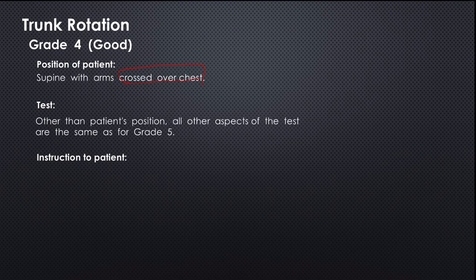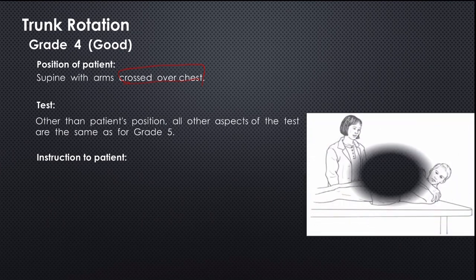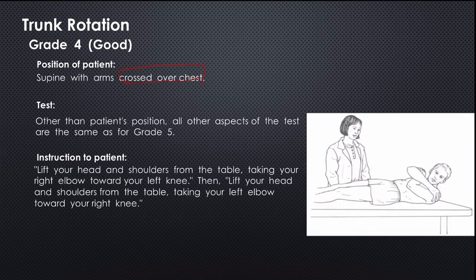Test other than the patient's position, same aspect of the test as grade 5. Instruction to the patient is the same. Moving, facing up, trying to turn towards here, it activates the left internal and right external obliques. And the opposite is also true.